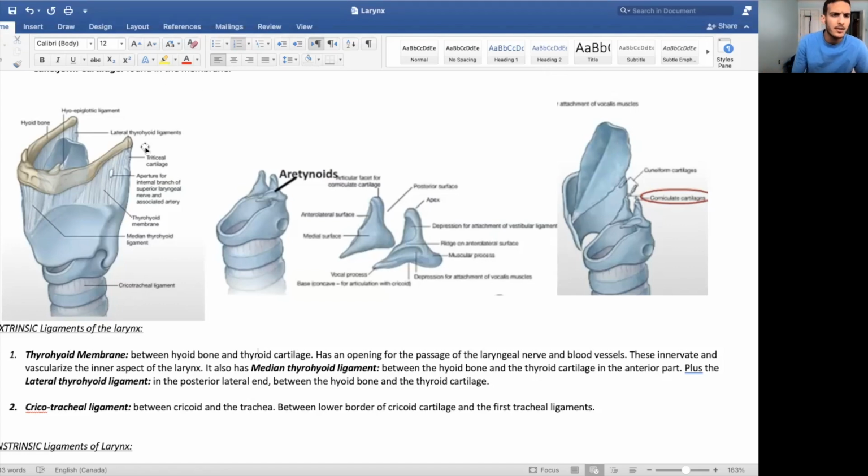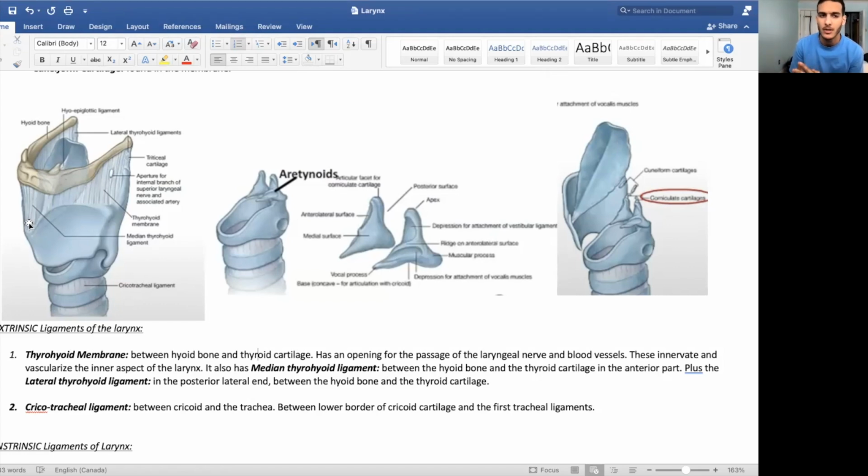The median is right here. It is basically the part where the two sides, the right and the left of the thyrohyoid membrane, connect.